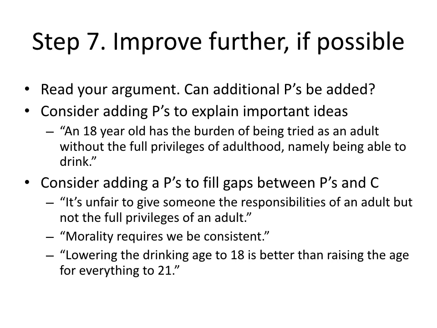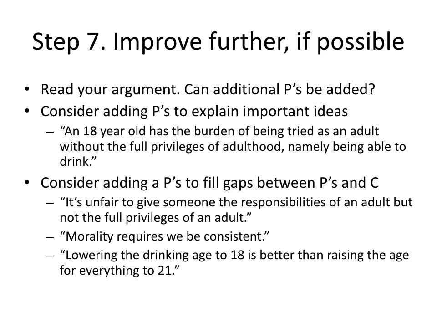Now, by this point, you already have a complete argument. But I think it's a really good idea to take one more look at it and see if you can improve it further. Reread your argument. Can you add additional premises? Often, additional premises can really help. Consider adding a premise or two to explain important ideas.